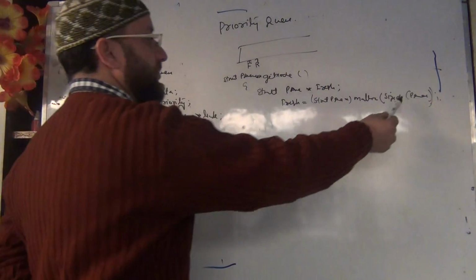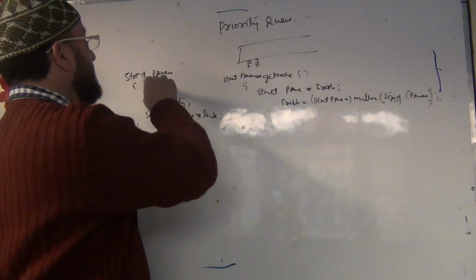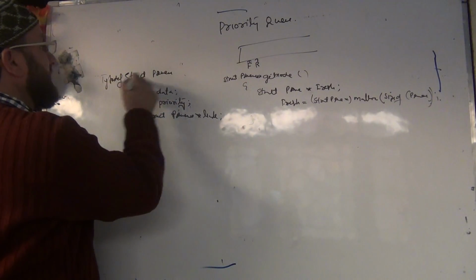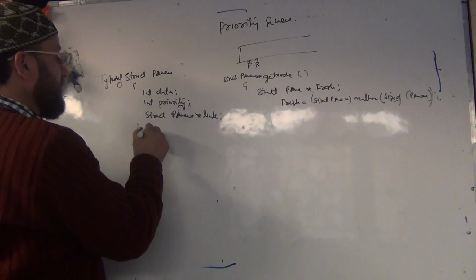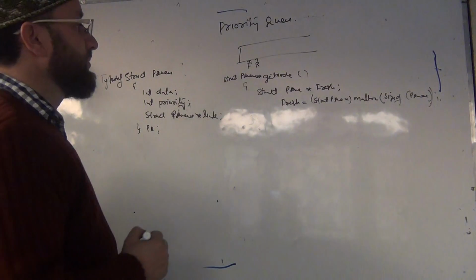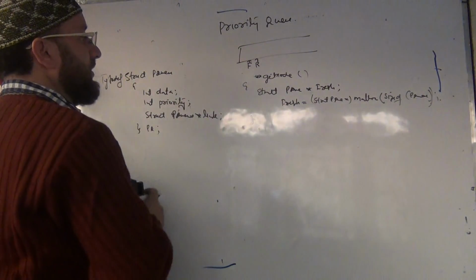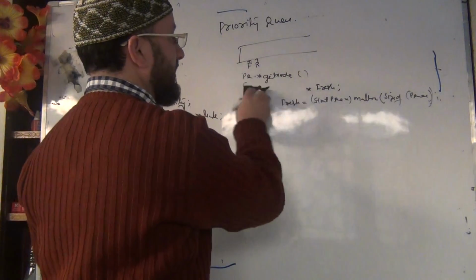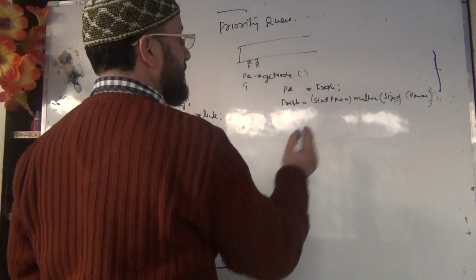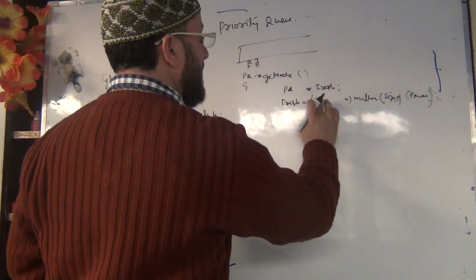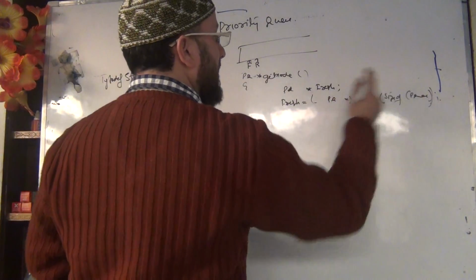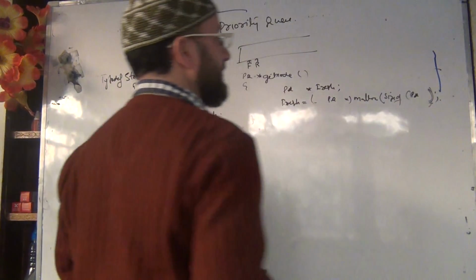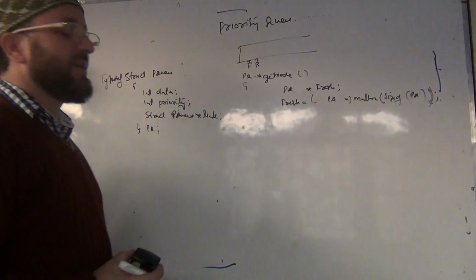Or you could have typedef'd this: typedef struct PQ to PQ. It becomes very simple now; we don't have to write a lot of things. I can write here PQ asterisk fresh, no need to write struct. I can say PQ asterisk and also sizeof PQ.